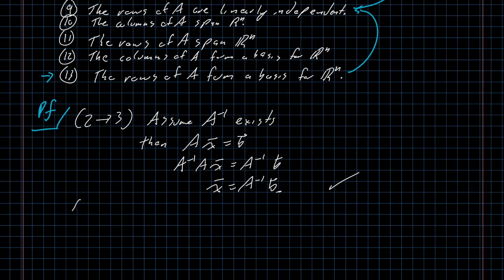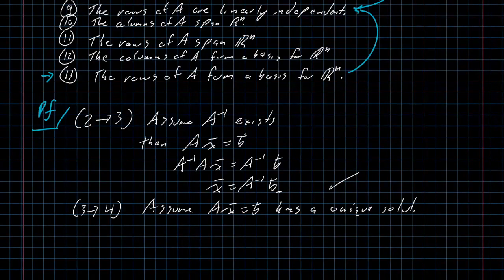Now let's take a look at 3 implies 4. This time I want to assume that AX equals B has a unique solution for all vectors B. Then I can conclude that if I pick B equals 0, that's a special case.